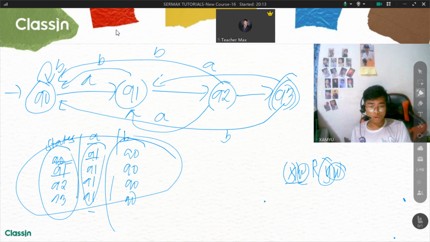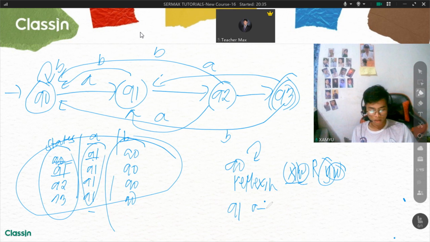In your equivalence relation earlier, Q0 portrays the reflexive property. This is reflexive. And Q1 earlier, returning to Q1, is reflexive as well. And Q2 is reflexive for the equivalence relation. But of course, it does not accept the right equivalence relation.